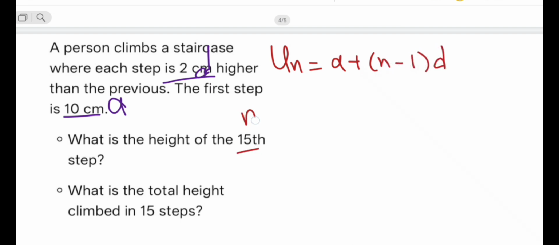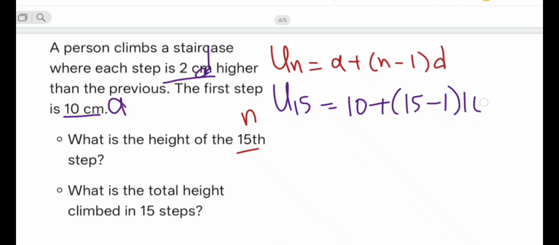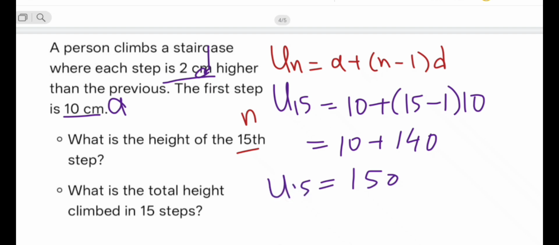So n is 15. So U15, the 15th term, we want to find. a is the first term, which is 10. n is 15 minus 1, d is 2. So 10 plus 15 minus 1 is 14. 14 times 2 is 28. 28 plus 10 is 38. So the 15th step is 38 centimeters.